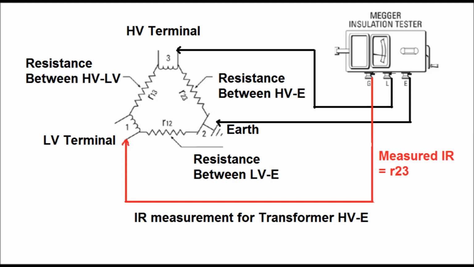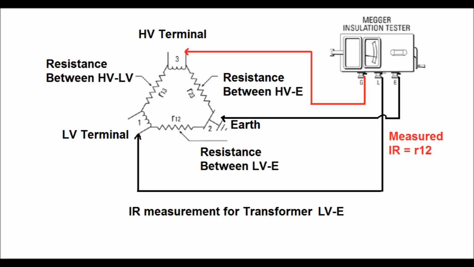So in this case, the leakage current which flows through the parallel path, that is R13 and R12, will be eliminated or not recorded in the insulation tester. So the measured IR value will be equal to R23, that is the insulation resistance between HV winding and earth. So the measured insulation resistance will be higher than the previous case.